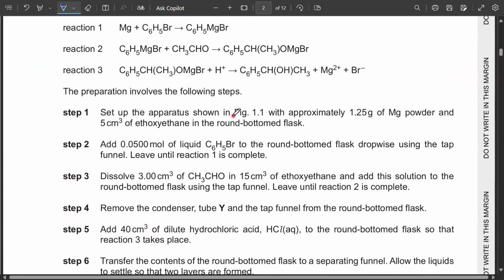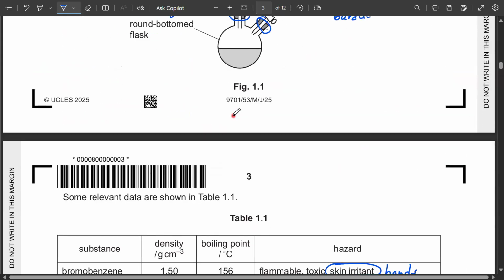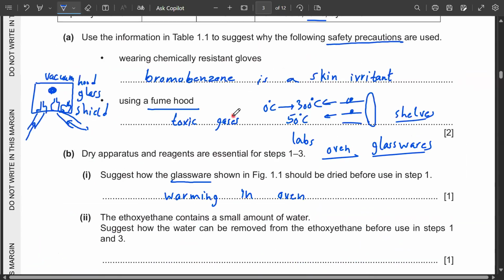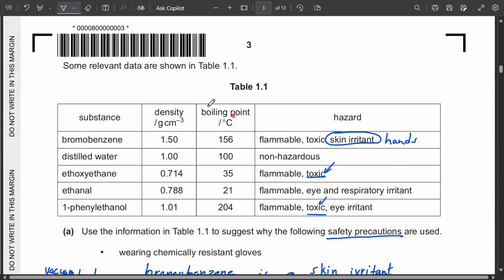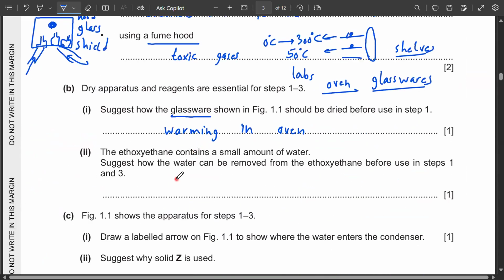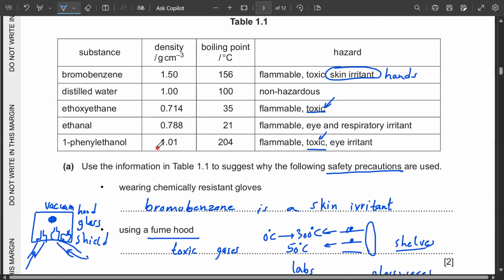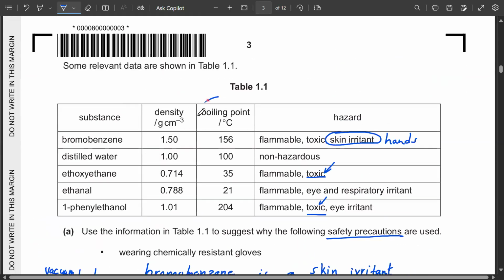Now, ethoxyethane is an organic compound, but it also contains some amount of water within it. And if you look at this table, we also find the boiling points mentioned.